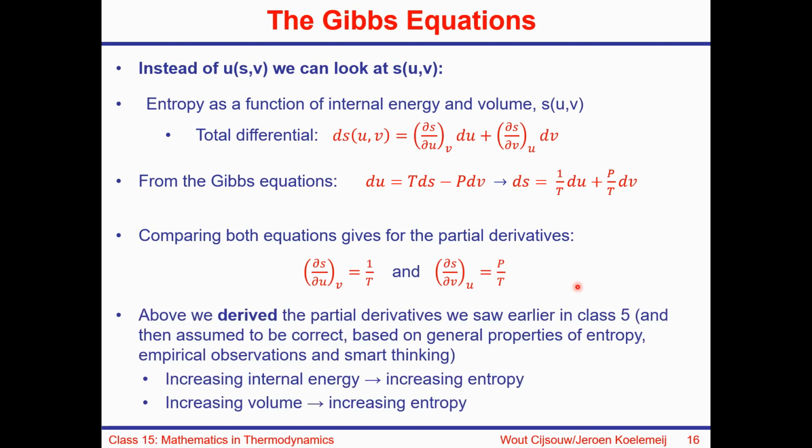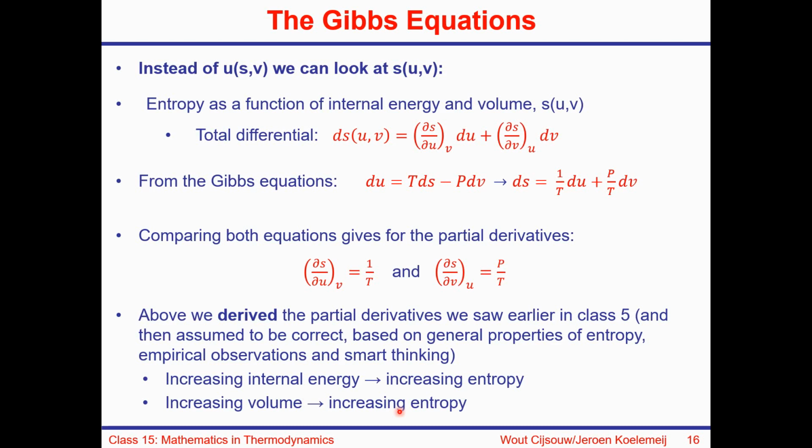We have seen those before in class 5, where we learned about entropy, about the general behavior of entropy, and combining that with empirical observations of how thermodynamic systems behave, we figured out that if the internal energy is increasing, then entropy must be increasing too. And if volume is increasing, then entropy should be increasing too.